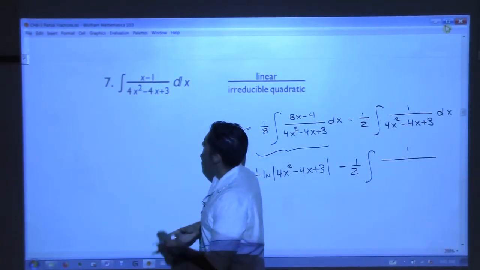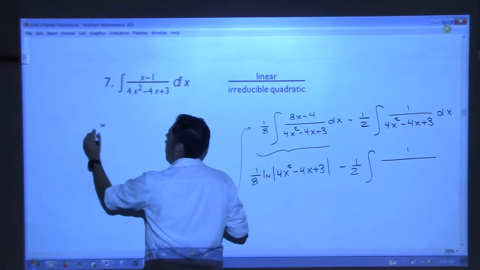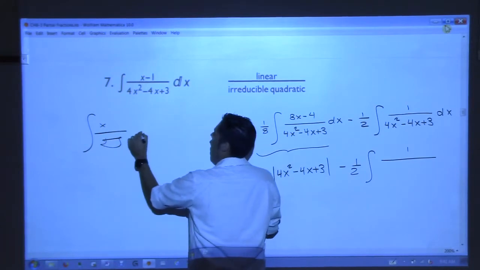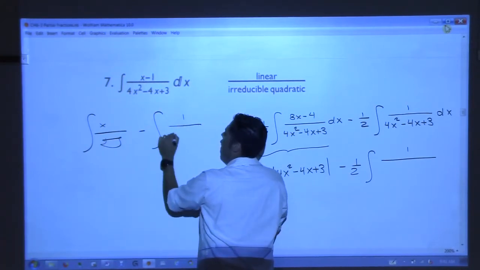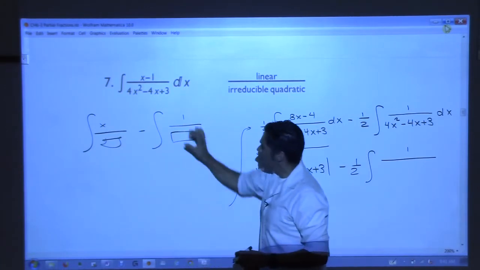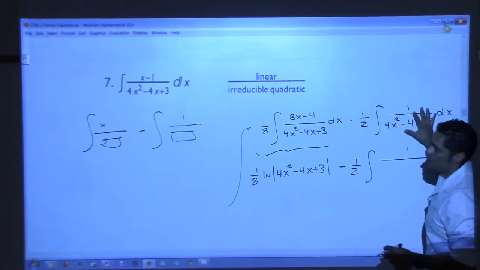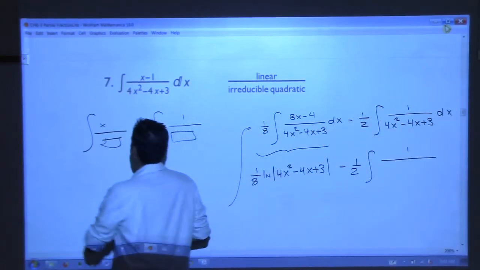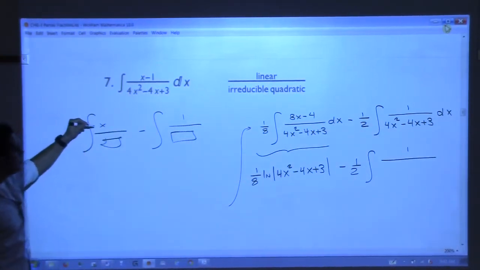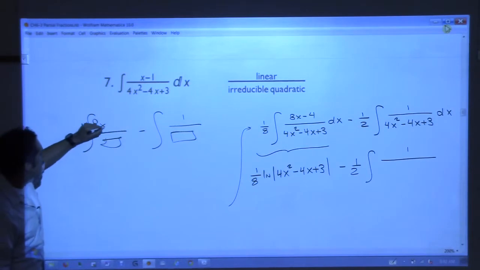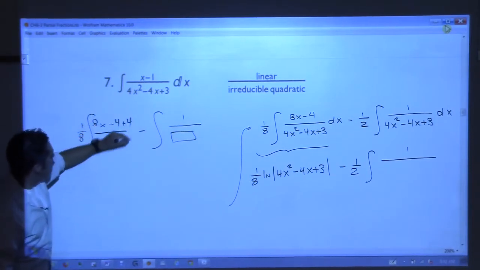I could have started the problem with this over the denominator, and then minus another integral, 1 over the denominator. Couldn't I have done that, split it right here? And then this would have been here. Now I have the negative 1/2, but I could have started the problem here. For this one, you could still do the same idea. You could do 8 here, 1/8 here, and then you need a minus 4 plus 4. It would have been the same thing.